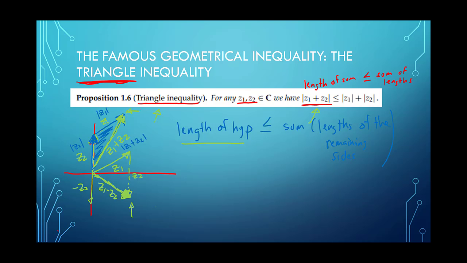Now hopefully you realize that this one up here has the bigger length, and that's what the reverse triangle inequality is saying. It's saying that the length of the hypotenuse is going to be greater than or equal to the difference of the lengths of the remaining sides.